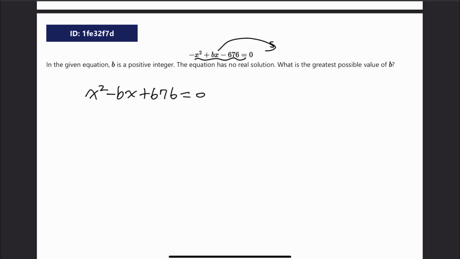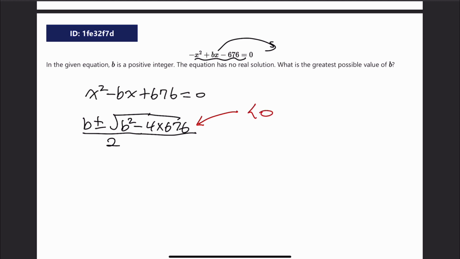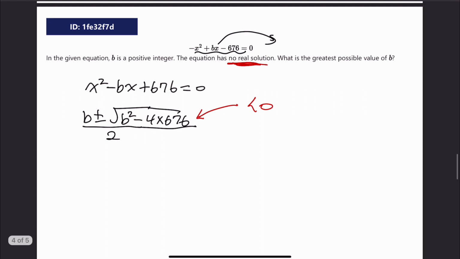And if we take the quadratic formula, we get b plus minus root b squared minus 4 times 676. And inside this root should be less than 0 in order to have no real solution, because you cannot have a negative value inside the root. So ultimately, b squared minus 4 times 676 has to be less than 0.